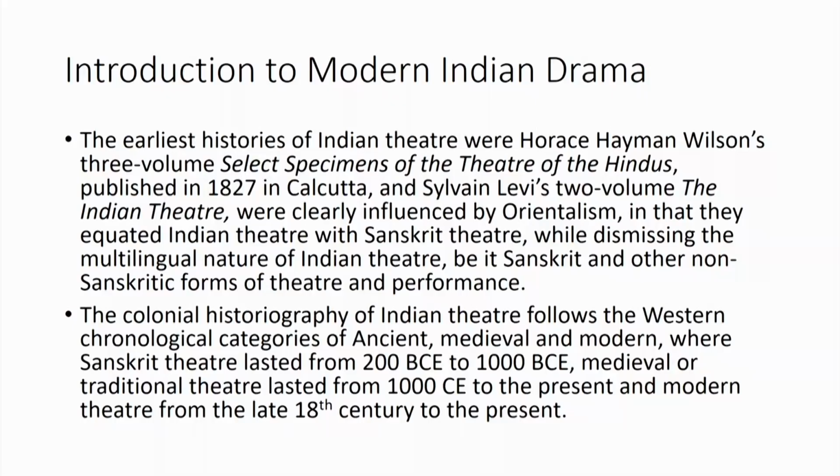looked at how a lot of early modern Indian theatre, even before it was actually self-consciously called or known as modern, drew a lot from, was modeled against Sanskrit theatre. And this was of course due to the emergence of Orientalism and Indology as colonial philological disciplines, which were actually interested in reconstructing a glorious, uninterrupted ancient Hindu past.